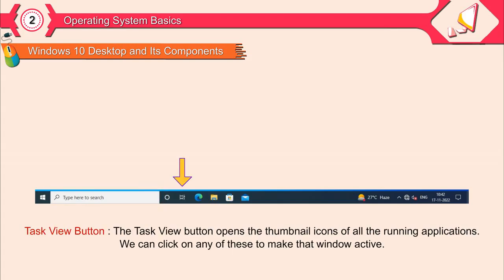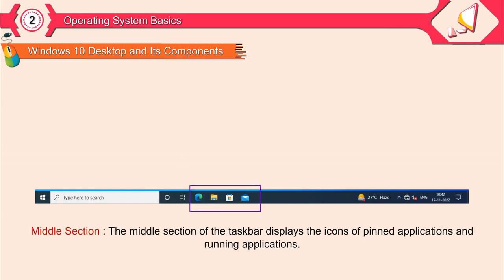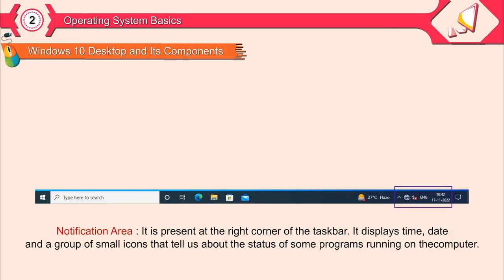Task View button. The Task View button opens the thumbnail icons of all the running applications. We can click on any of these to make that window active.